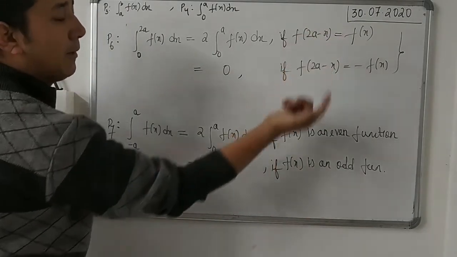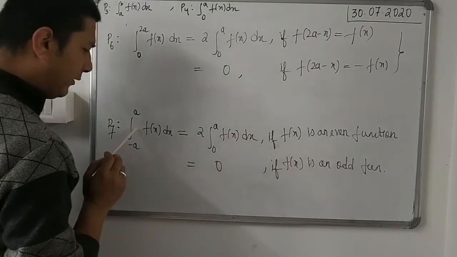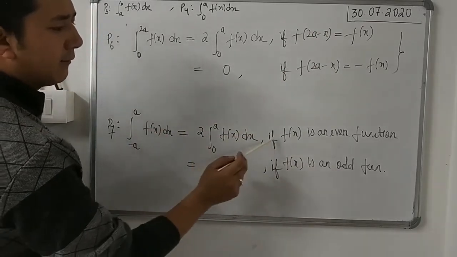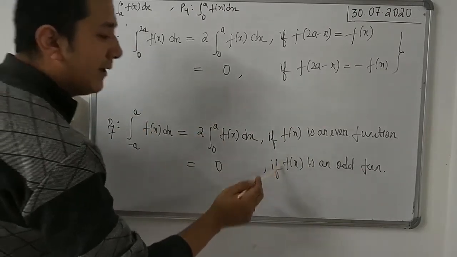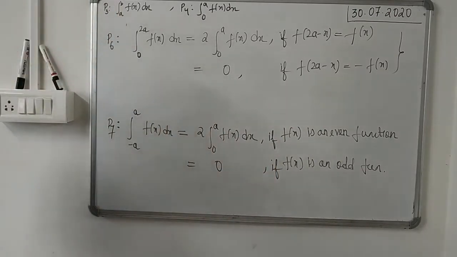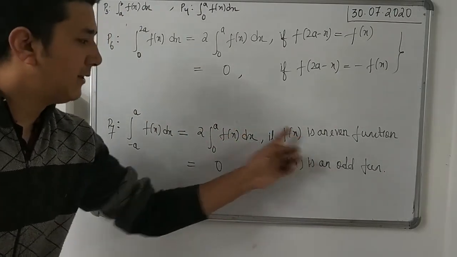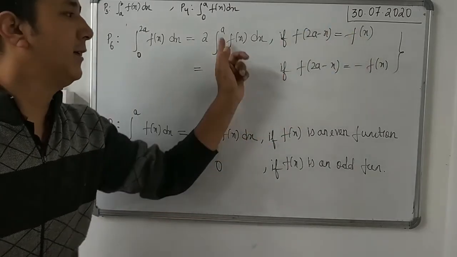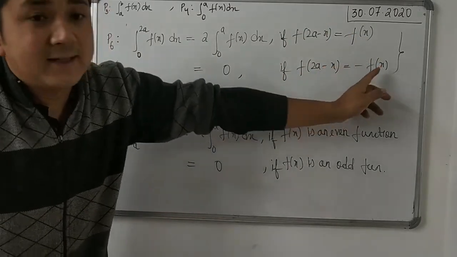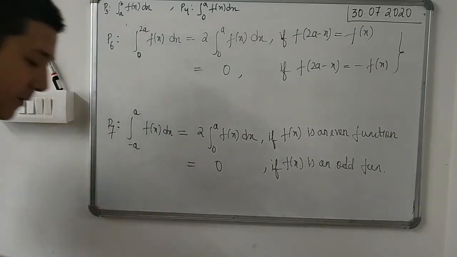It is not f(2a minus x) out here, but the value for this will be twice of this if f(x) is an even function and 0 when f(x) is an odd function. Okay, so even and odd, 0 if it is odd, this if it is even. So this much for today.